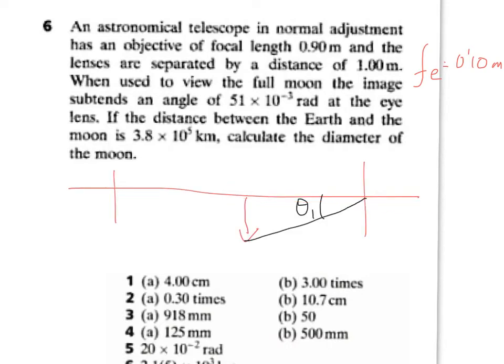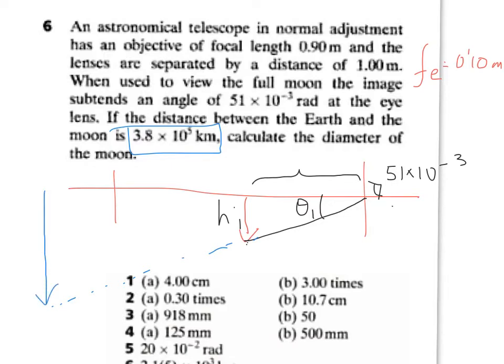is that if this image here is subtending an angle of 51 times 10 to the minus 3 to your eye, then the actual real image, which is at infinity, well, not infinity, but actually 3.8 times 10 to the 5 kilometers, then the actual size of that object divided by the distance to the eye should give you the same angle, right?